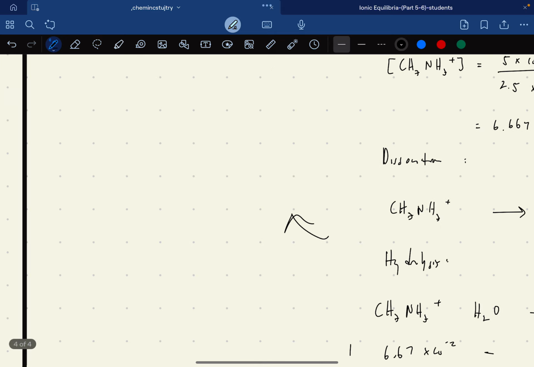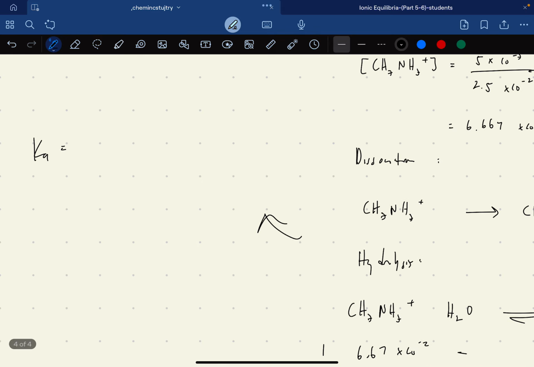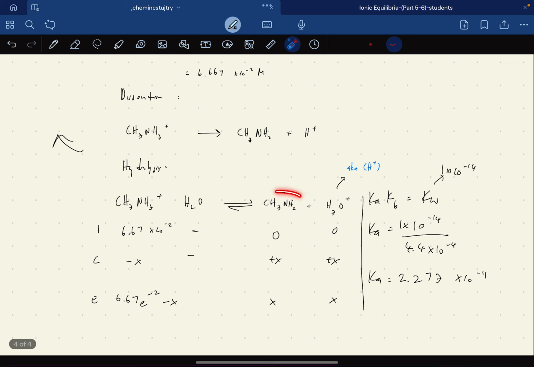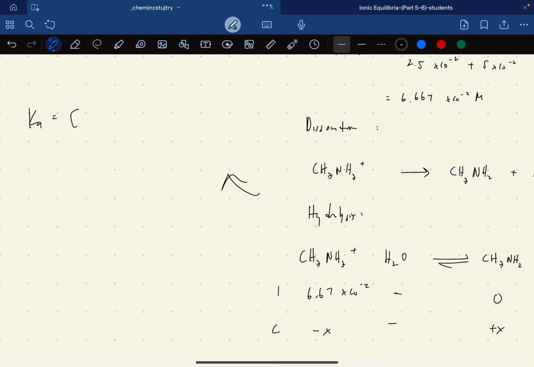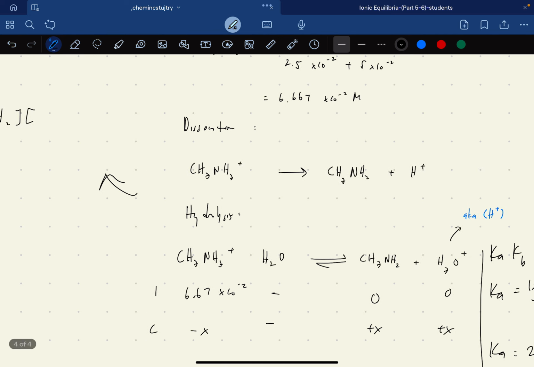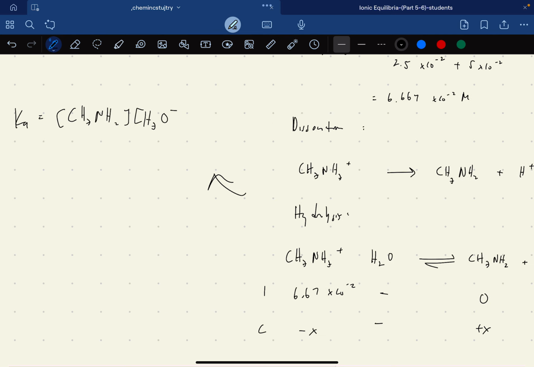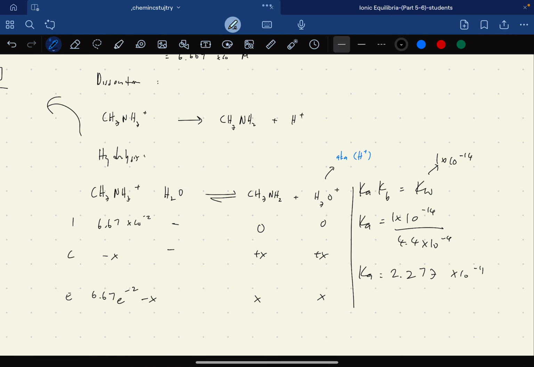Okay, now we can move here. Ka, we can make the expression, right? So we take these two, multiply, and then divide by this one. So we have CH3NH2 times H3O+ over CH3NH3+. This is the expression. Okay, so now we can do the equation. Just now we calculated Ka as this thing.